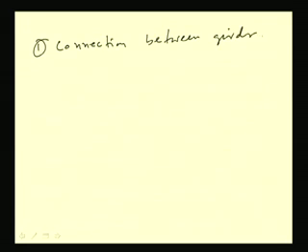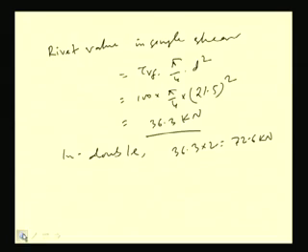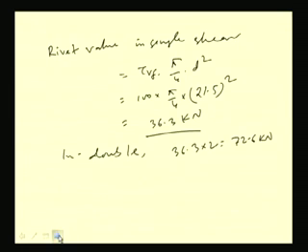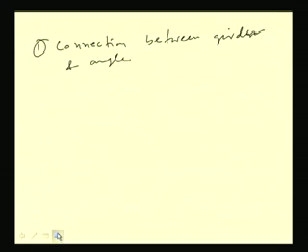Here 3 rivets have been used in the girder. If 2 angles are used to connect this, then 2 into 3, 6 rivets have been used.